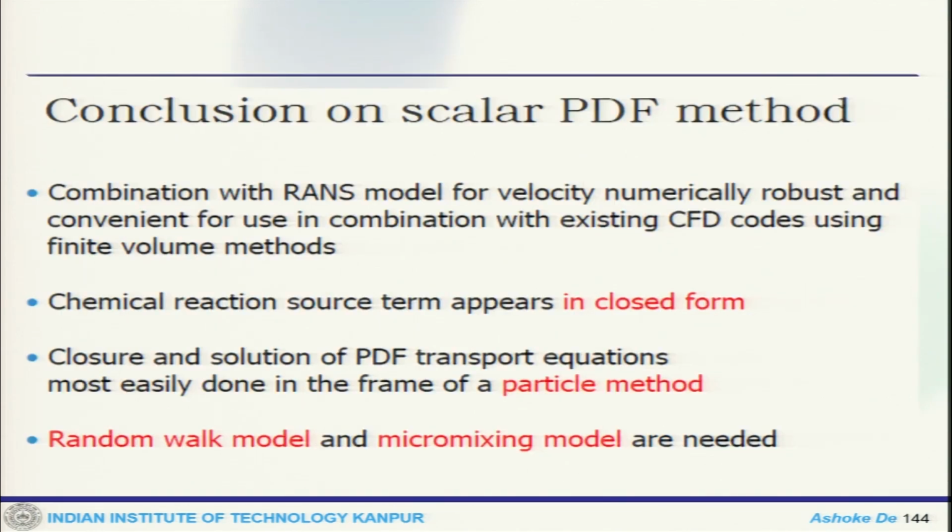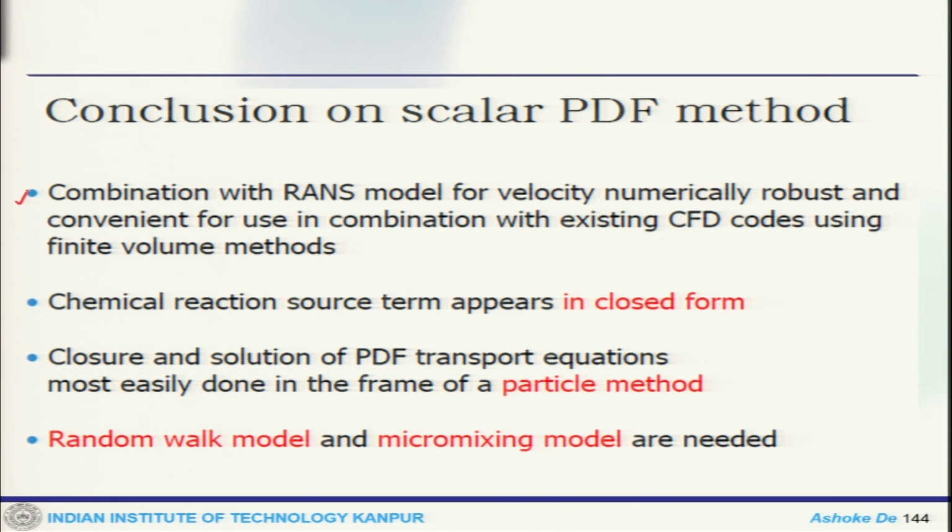So if we put the points together for this scalar PDF discussion: the combination with the RANS model for velocity is numerically robust and convenient for use in combination with existing CFD codes like the finite volume method. So this is how we combine with the RANS framework.